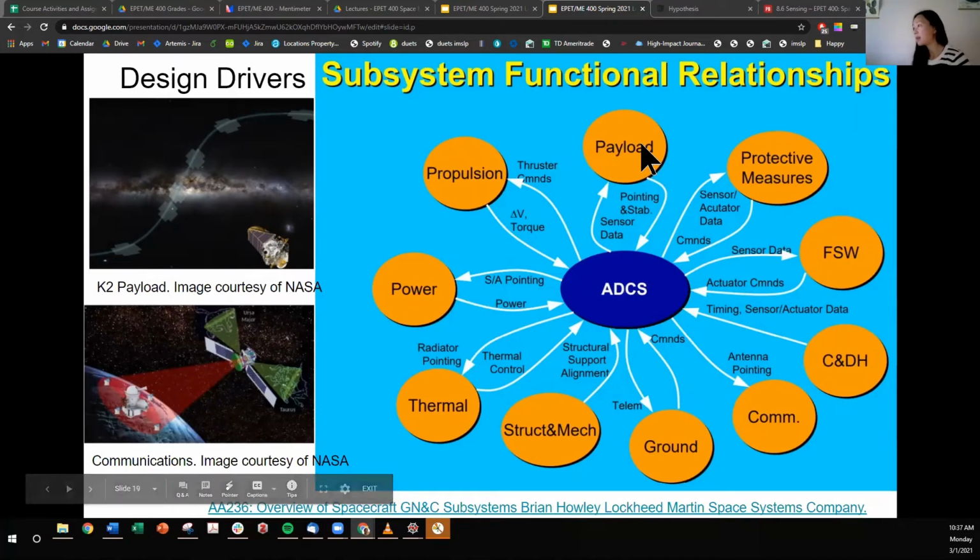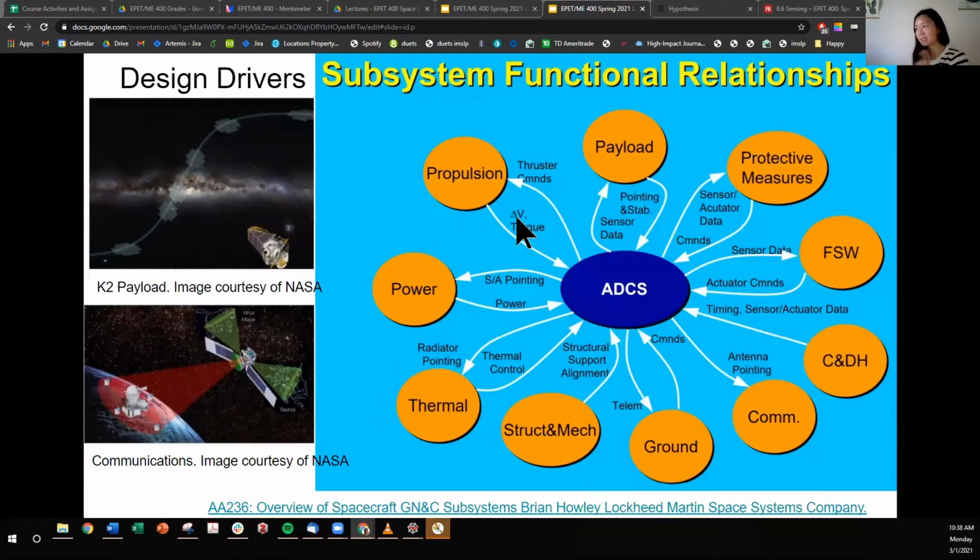So for the payload, the payload will probably demand some kind of pointing and stability of the ADCS subsystem. The propulsion subsystem will likely want some pointing to impart its difference in velocity, delta V.